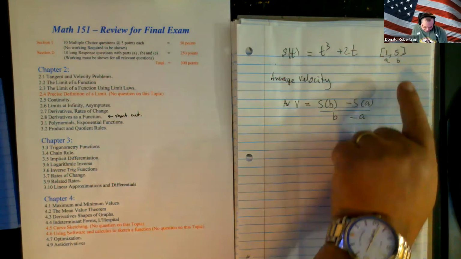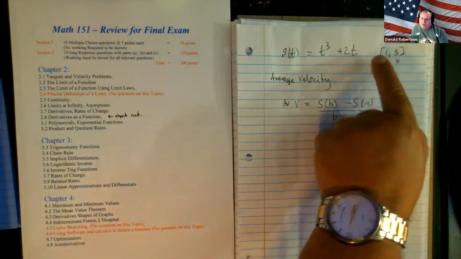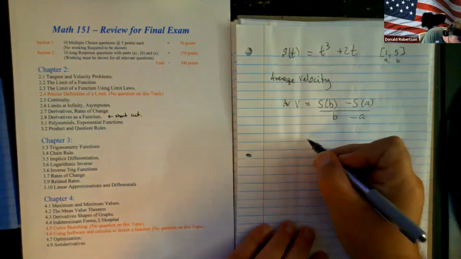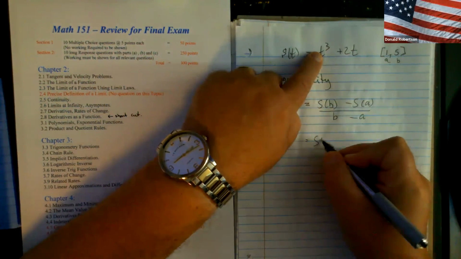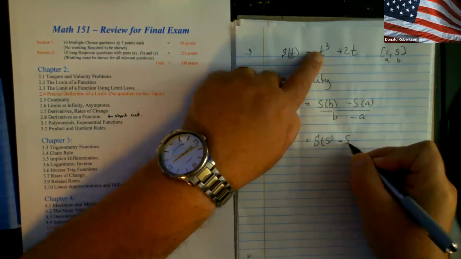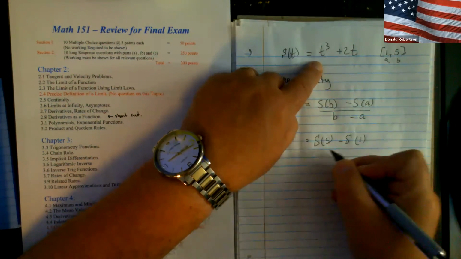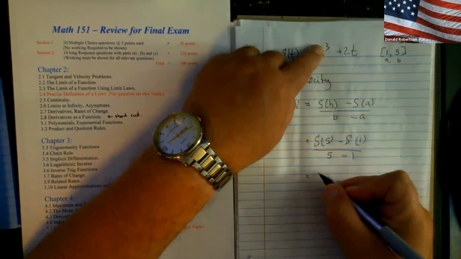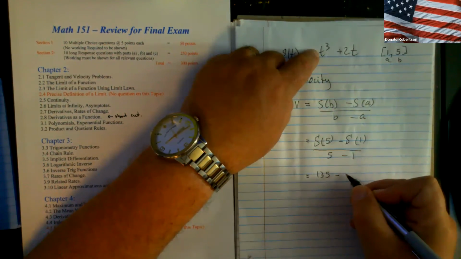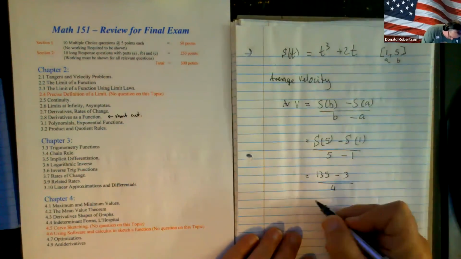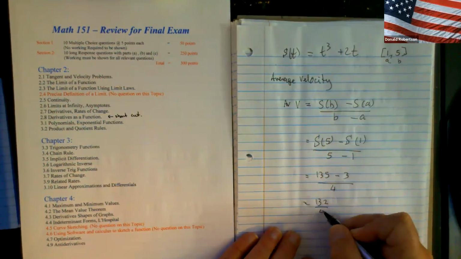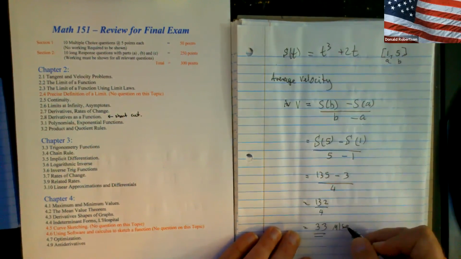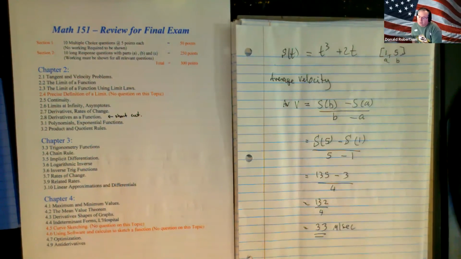Because the average velocity is actually the slope joining this curve when t is 1 to here, when it's 5. So the value of this function at 5, take away the value of this function at 1, divided by 5 take away 1. That's 135, take away 3, over 4, which is 132 over 4, which is 33. Okay, so the average velocity, let's say the units were meters per second, would be that.